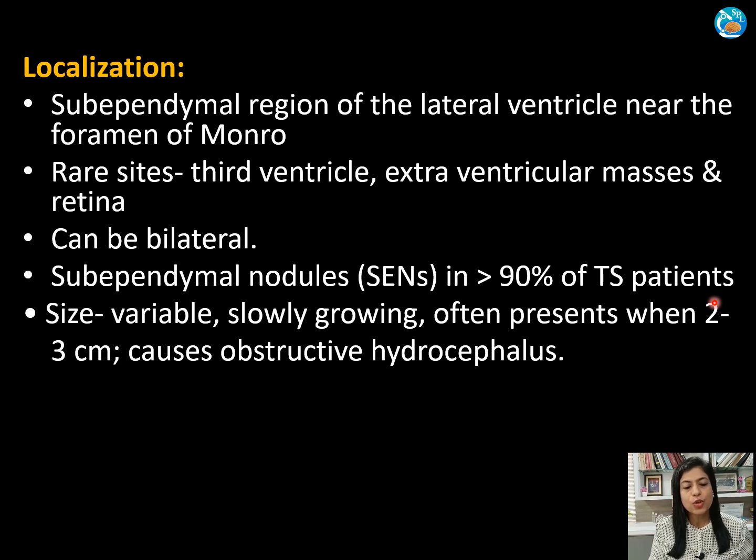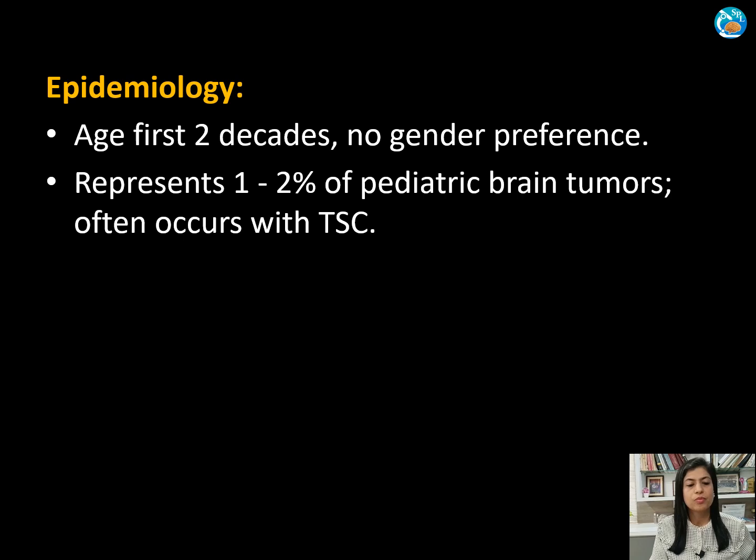SEGA may arise from SENs almost always near the foramen of Monro, and the size varies. These are slow-growing tumors often presenting when 2 to 3 centimeters in size and causing hydrocephalus.